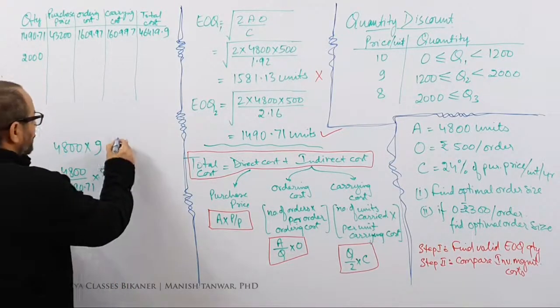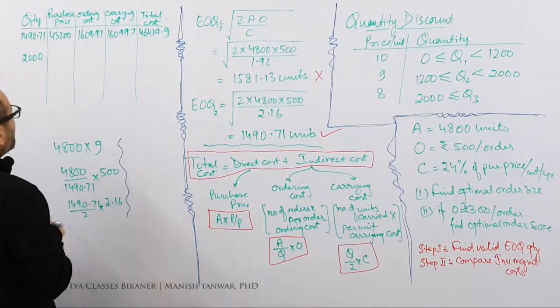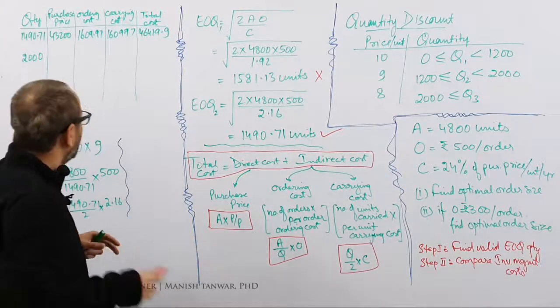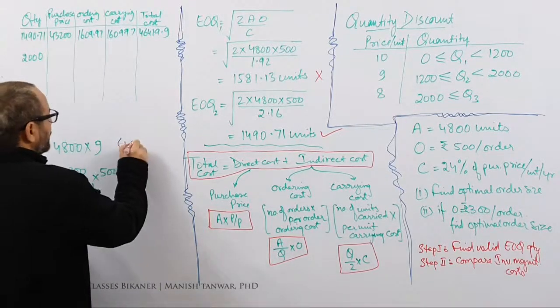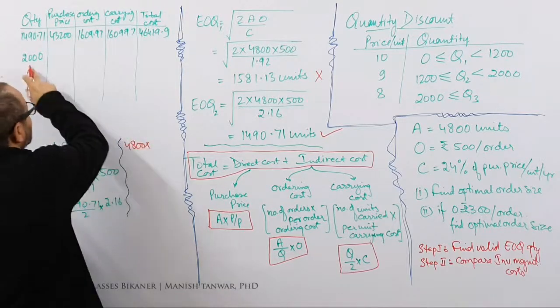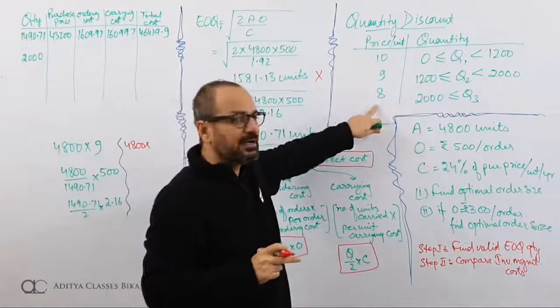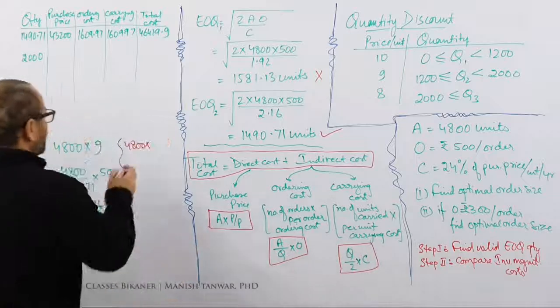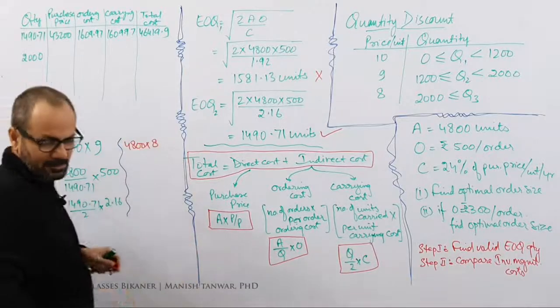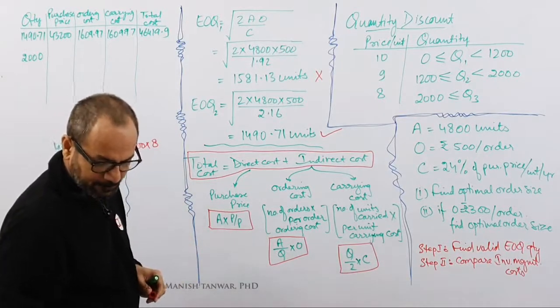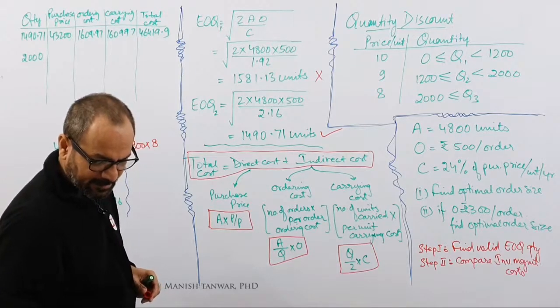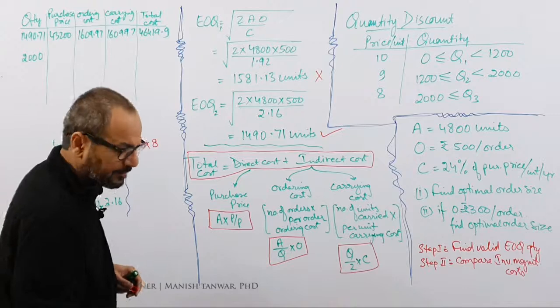If I place an order for 2000 units, it will cost you at the rate of 8 rupees. So it becomes 4800 multiplied by 8, 38400.